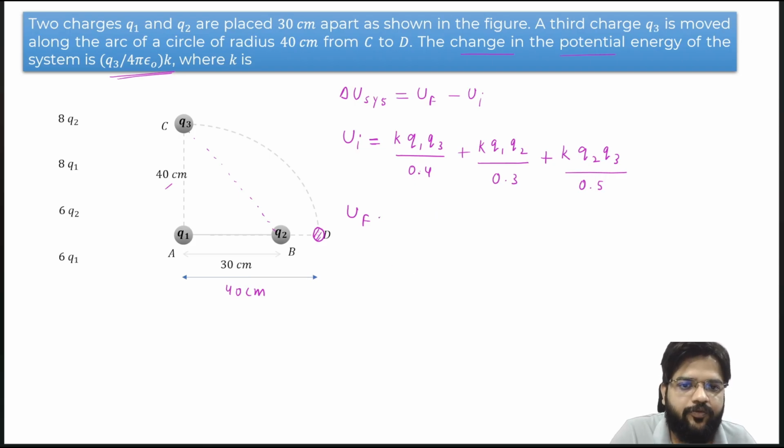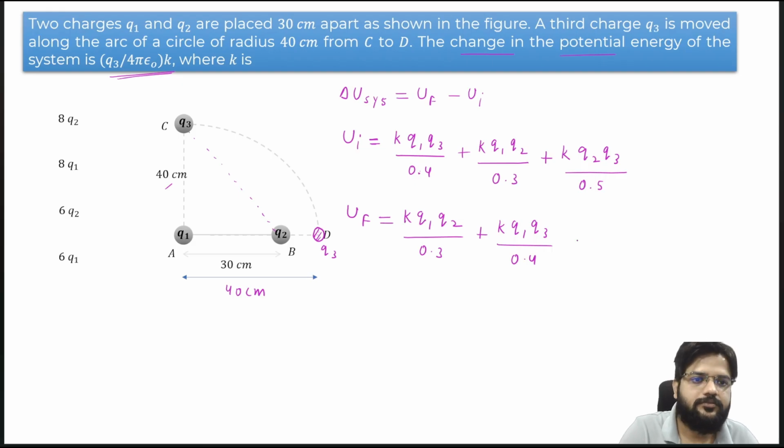Now write down the final potential energy of the system when the Q3 charge is at point D. First, between Q1 and Q2: K Q1 Q2, and the separation between Q1 and Q2 is 0.3. Then between Q1 and Q3, now that the Q3 charge is at point D: K Q1 Q3 divided by 0.4. Then between Q2 and Q3. Think about it, everyone: what is the separation between Q2 and Q3?